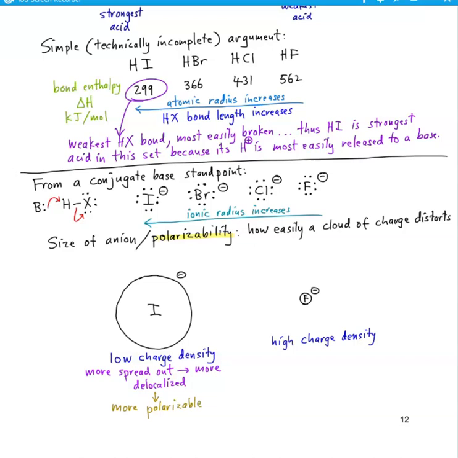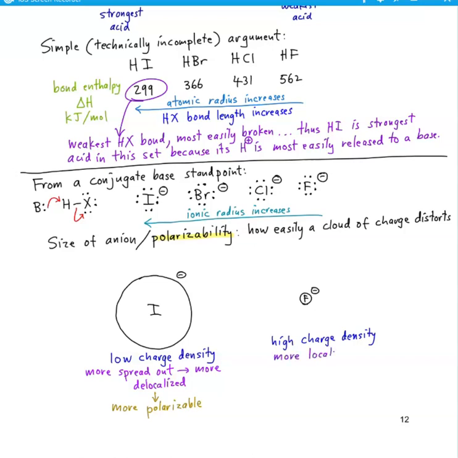So if you think of these by analogy, an iodide ion maybe is like a regular marshmallow, whereas a fluoride ion, because it's small and compact, is more like one of those little marshmallows that comes in those packets of instant cocoa. Okay, so they look like little grains or something. So think of that as a fluoride ion. The charge on the fluoride ion is more localized.